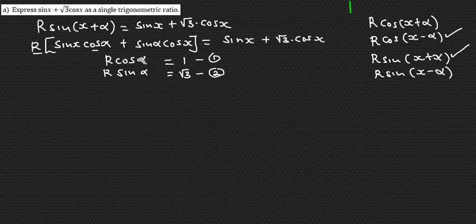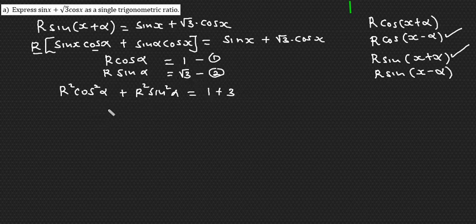So I'm going to square both sides and add. I have r squared cos squared alpha plus r squared sine squared alpha equal to 1 squared plus 3, because the square of root 3 is 3.